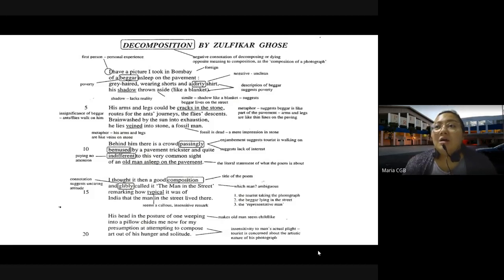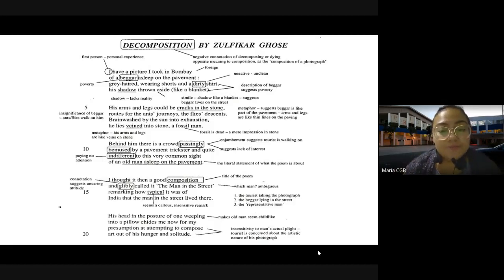So sometimes we take pictures of people without knowing their story, or even without asking their permission, right? That's what's happening here. And let's focus on the word typical here. Let's zone in the word typical. The word typical suggests a very careless, insensitive tone by the persona.